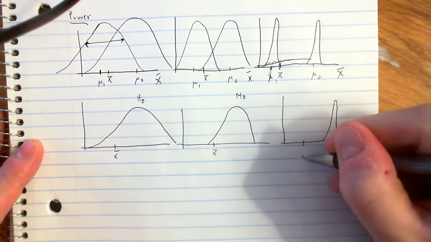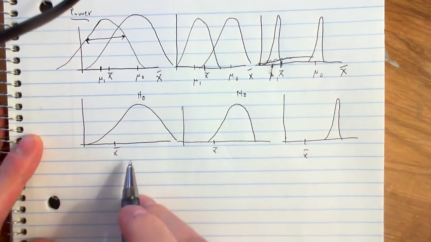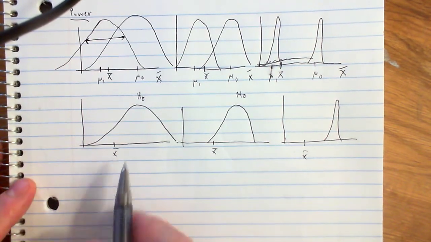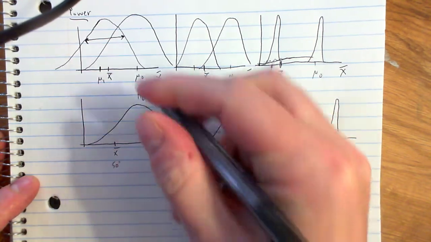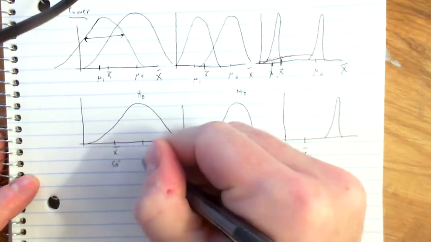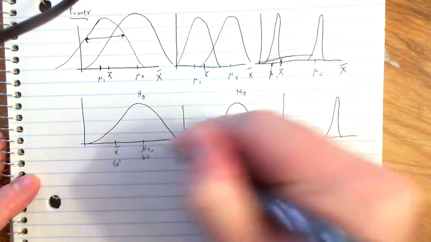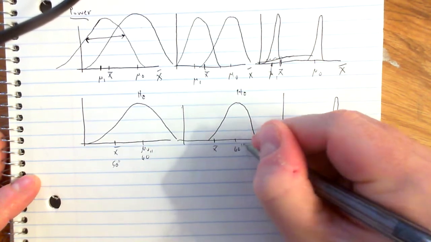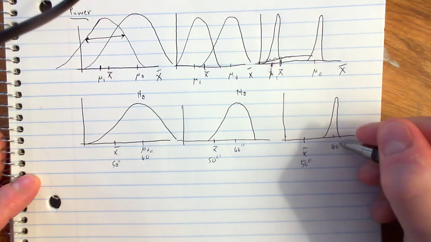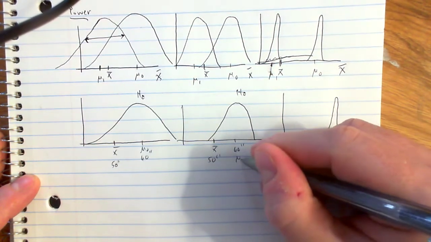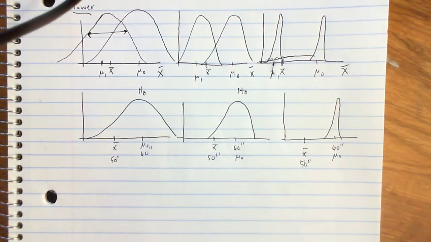And here's the exact same x bar. So let's say we got a sample of grad students. They were only 50 inches, just to keep the math easy. This is 60. That's mu 0. Here's our 60. This is still 50. 50 and 60 for mu 0.